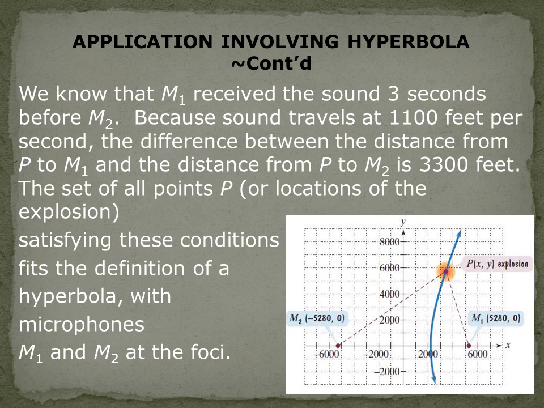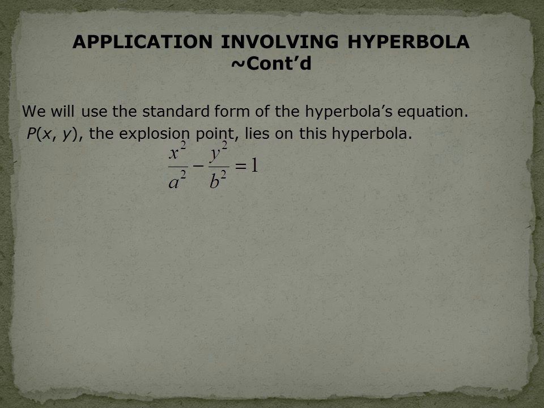We can see the two locations of the microphones on the x-axis and P at (x, y), which is the explosion. We will then use the standard form of the hyperbola's equation. P, (x, y), the explosion point, lies on this hyperbola, x squared over a squared minus y squared over b squared equals 1.